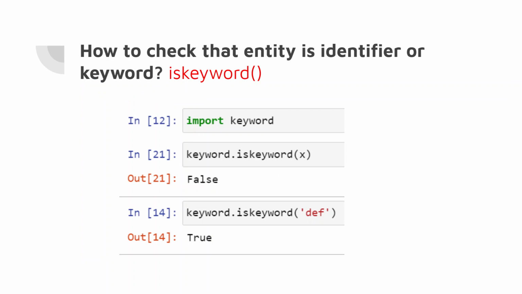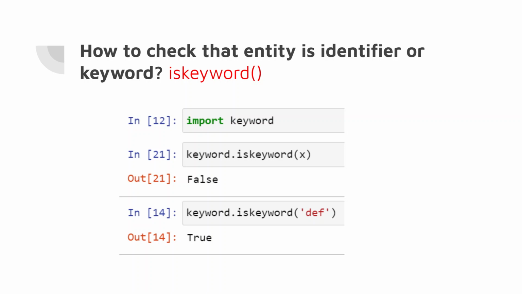So if you are not sure that it's a keyword or not, so how you will check? So this is the method you can use: import keyword library, and then keyword. Every time when you use library, you have to use the name of any library function. If you want to use, you have to use a library name with it. So keyword dot is keyword, false and true. It will give you false and true.